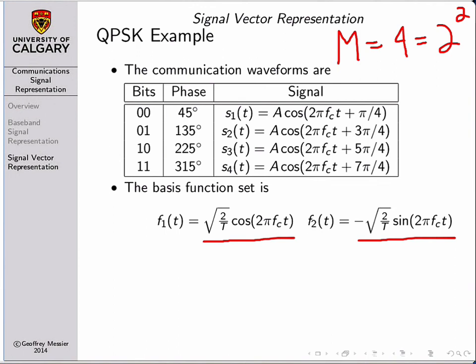I won't bother showing this, but you can satisfy yourself that if you square either of these two signals and integrate, you'll get unit energy. And if you multiply the two signals together and integrate, then you should get 0. And I should say that your integral would be from 0 to T, where T is the duration of our modulated symbol interval.